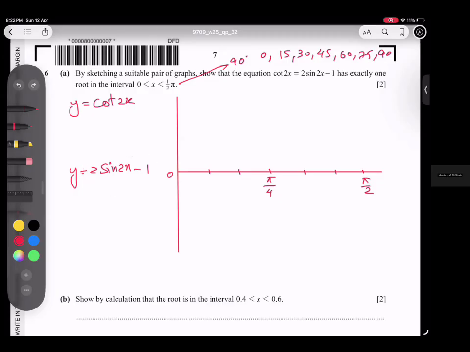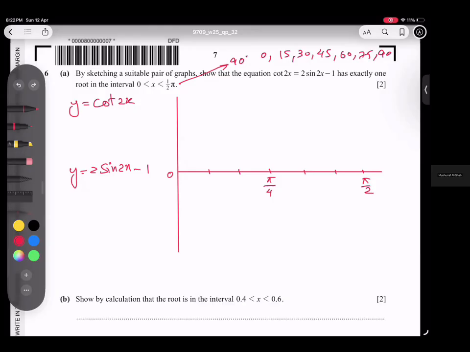Or you can use the table function, which is available in our calculators. So I'm using that one. I'm using the below function first of all: 2 sin 2x minus 1.